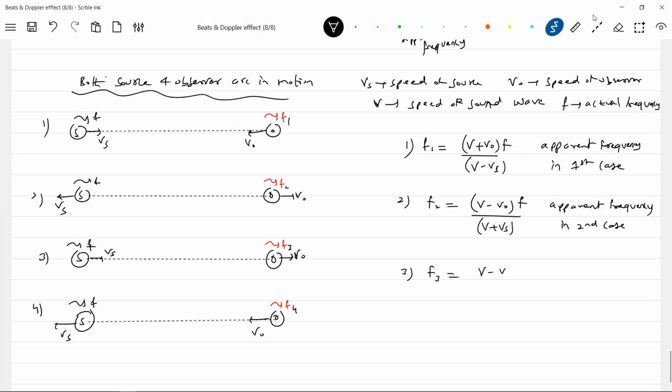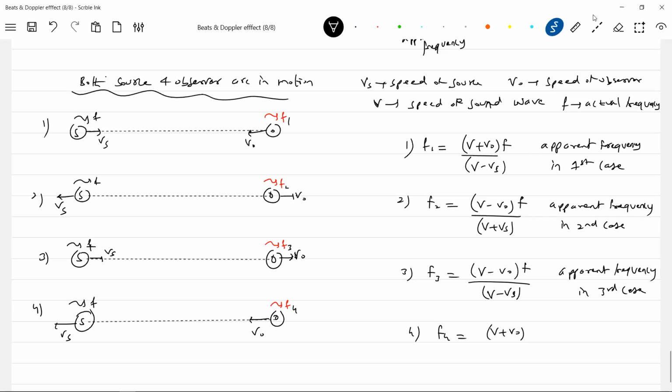Shall we write V minus V naught F by, third case. So now what is F4?